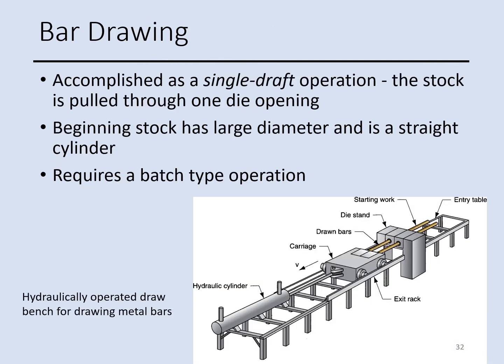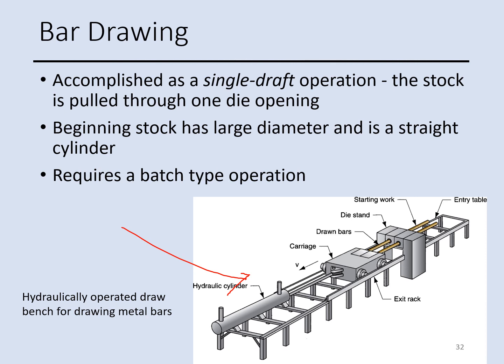The next process is called bar drawing. This operation can be done on a machine called a draw bench, as you see in this schematic. This machine has an entry table, a die stand, a carriage, and an exit rack.